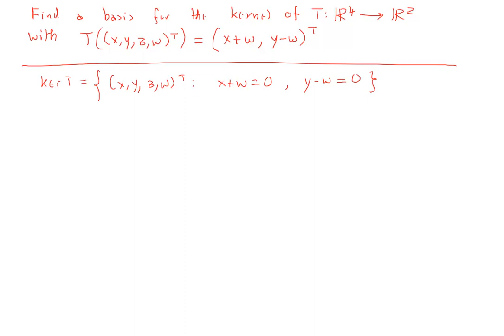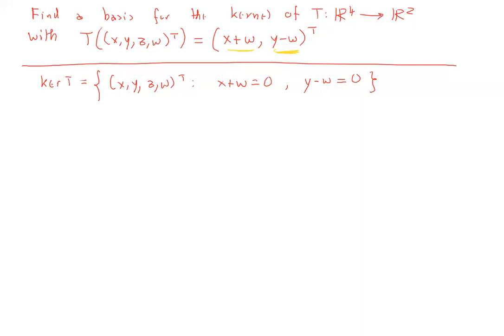The kernel consists of all vectors that map to 0. For the image of a vector to be 0, you need these two quantities to be 0, right? That's all I'm saying. Because these are the coordinates of the output.